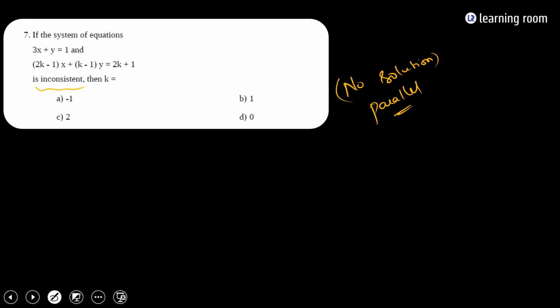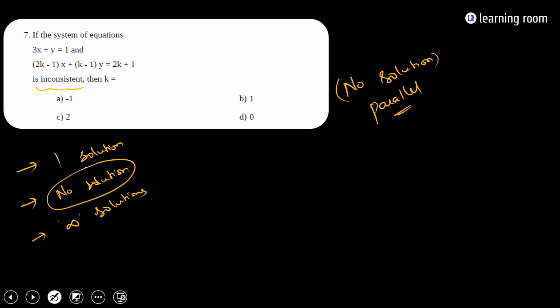Guys, are you able to understand my question? I'll keep asking like this. You should give me a correct answer. You should be confident in telling. Did you understand my question? So there is only one case where you have one solution, when the lines are meeting. Second one is no solution. Third one is infinite solutions. Right? When they say that the equations are inconsistent, why are you taking only this condition into consideration?